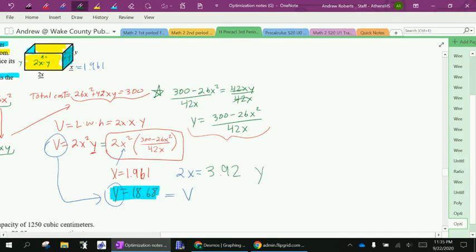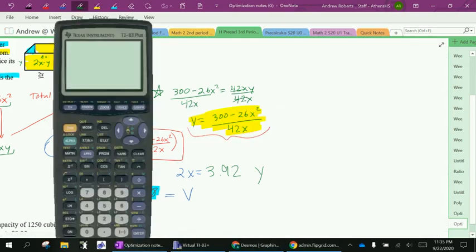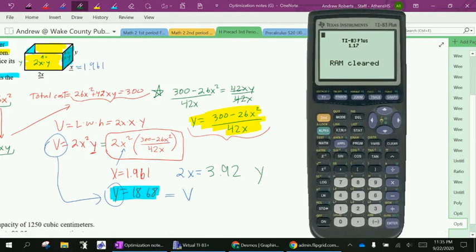And then for y, how are we going to find y? Well, we have an equation for y right here. So I'm going to put that in my calculator. And what I'm going to do is I'm going to store 1.961 for x.